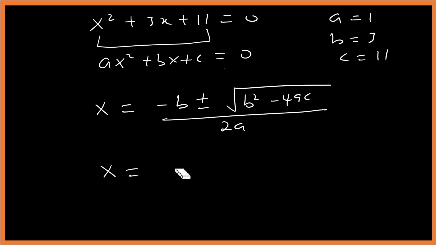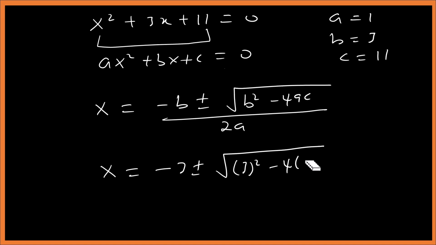So we have minus 3 plus or minus the square root of 3 squared minus 4 times 1 times 11, on 2 times 1.